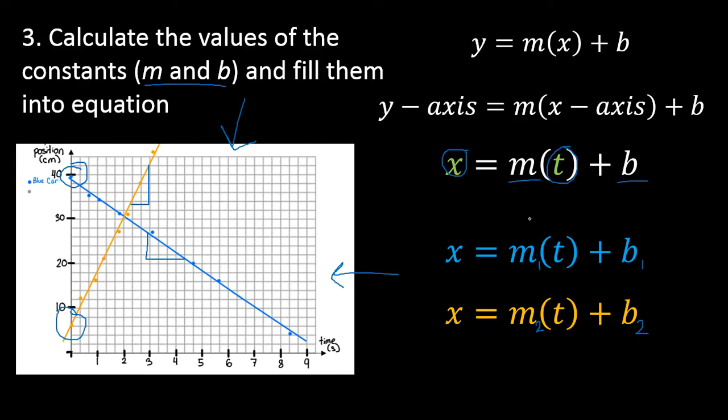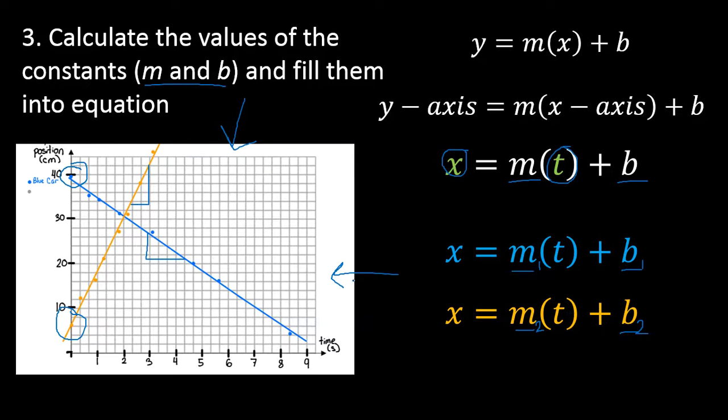So at the end of this video, take the time to actually determine the values of the slope and the intercept of each of your trend lines yourself. After you have determined the values, fill in those numbers for m and b. You're going to end up with two different equations for a line in terms of x and t.